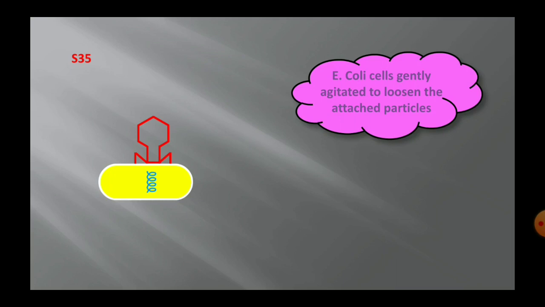Then E. coli cells are gently agitated to loosen the attached particles. The attached infected viral particles are separated from E. coli cells by agitating. Soon after agitation, they are centrifuged.